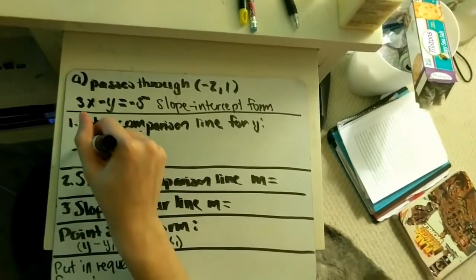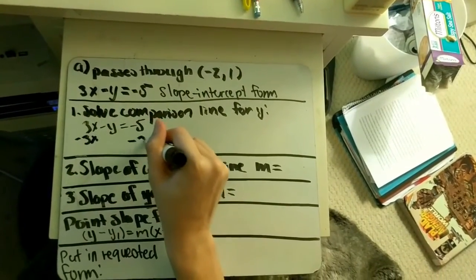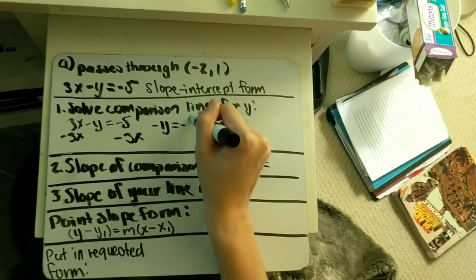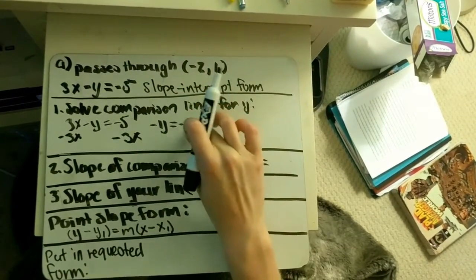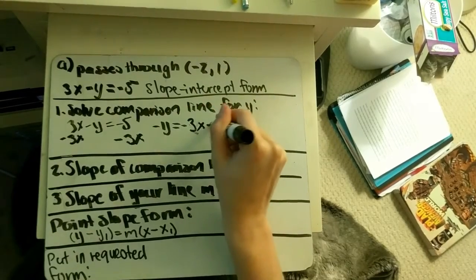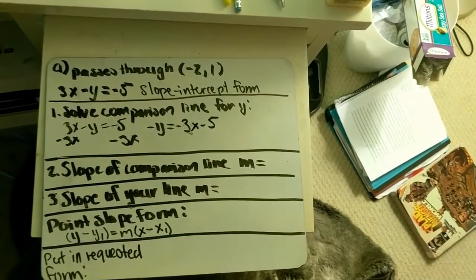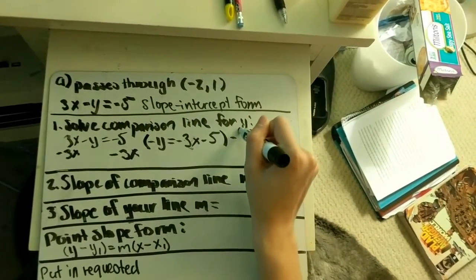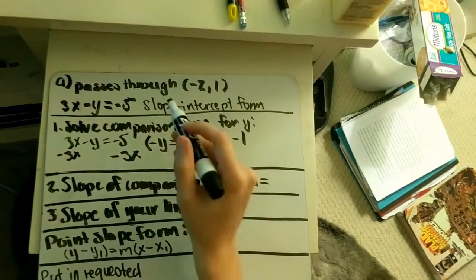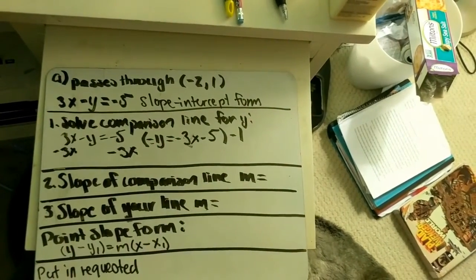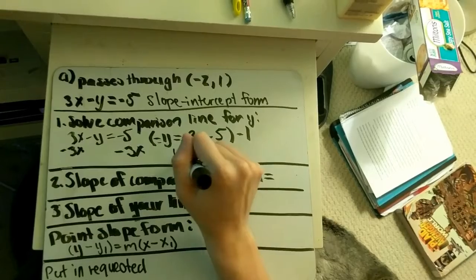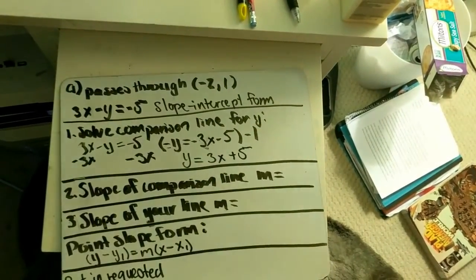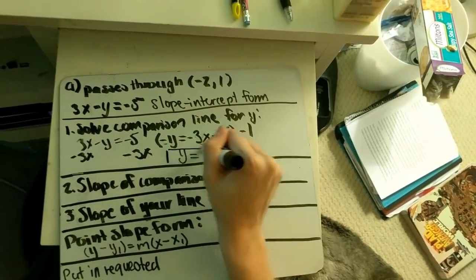We are going to subtract 3x from both sides. That'll be -y is equal to -3x minus 5. Then we are going to multiply the whole equation by a negative because we want to get rid of the negative that's with the y. So that will turn this equation positive, and that will be our new equation.